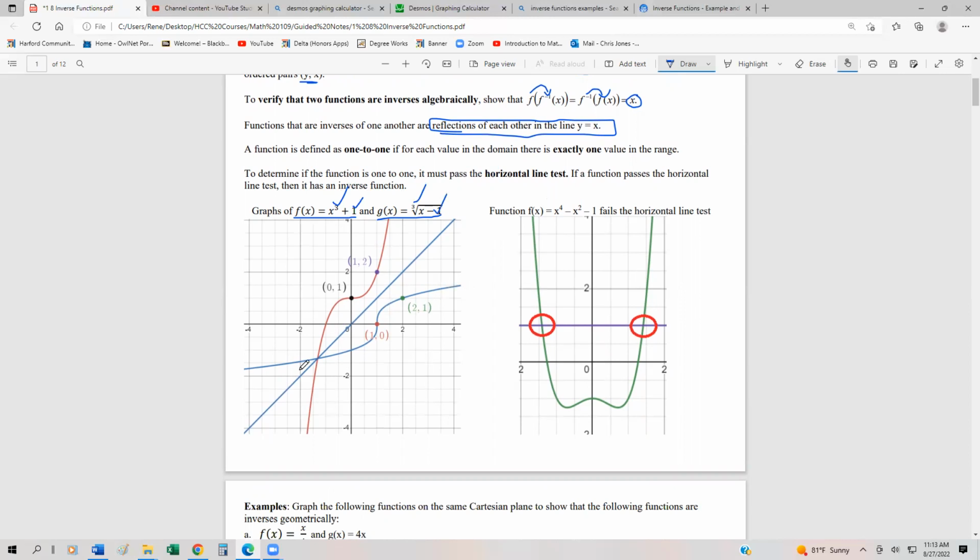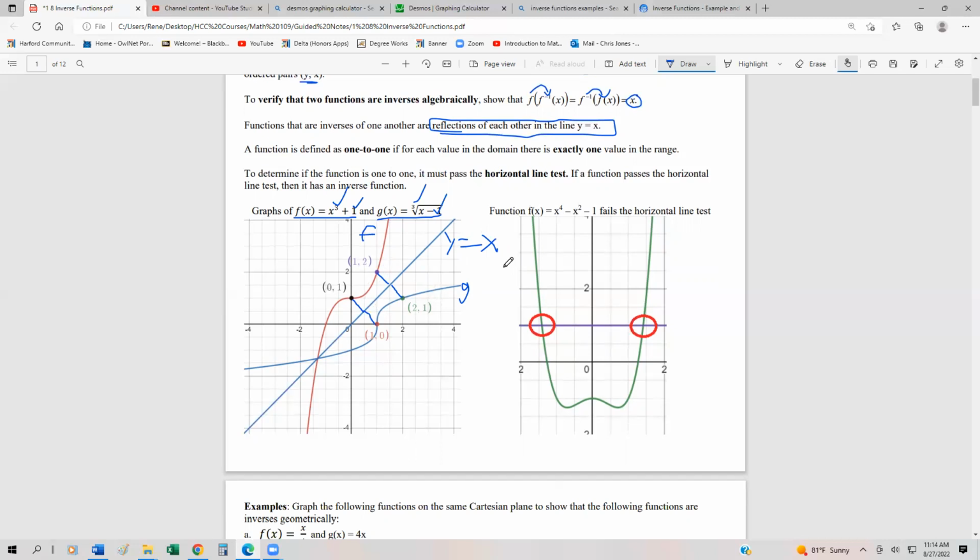And I want you to notice that on the graph, this is the line y equals x, and all the points on this function g, so this is our function g, and this is our function f in red, are reflected in the line. So take a look right here. All the points, these points are equidistant from the line y equals x. All right, so we have this point and we have this point, and they're both equidistant.